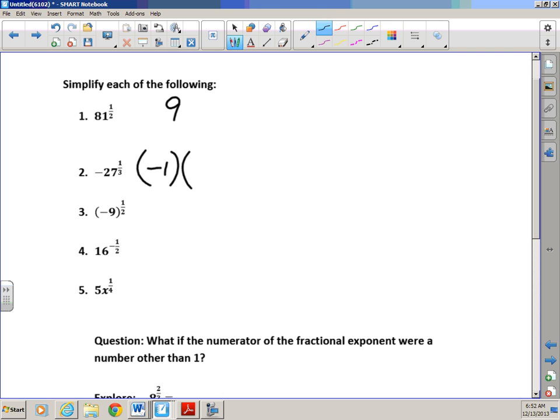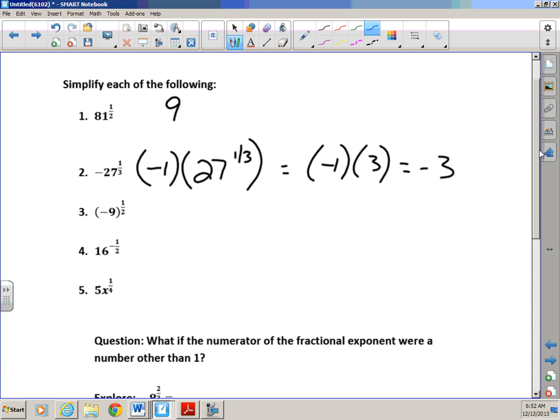Imagine that this is really negative 1 times 27 to the 1/3 power. Well, what's 27 to the 1/3 power? That is 3. It's the cube root of 27. So the answer here is negative 3.